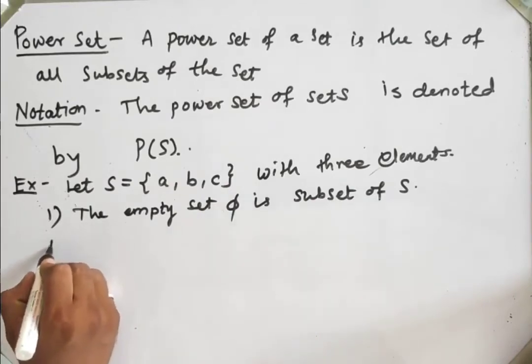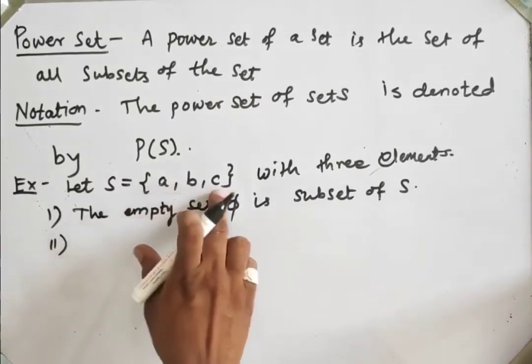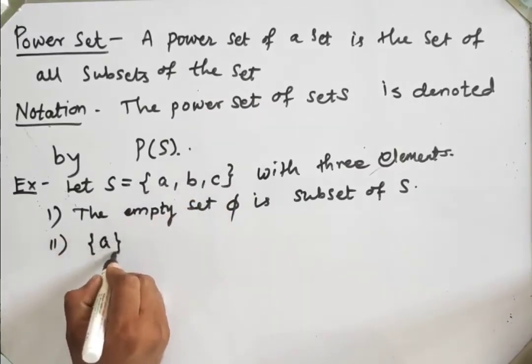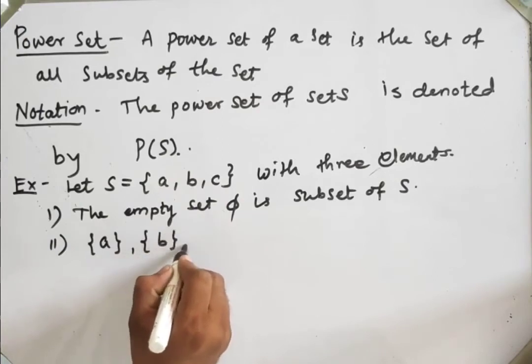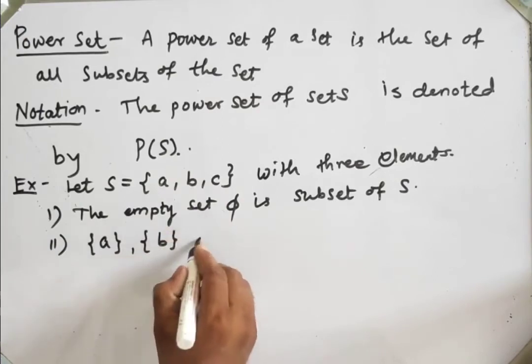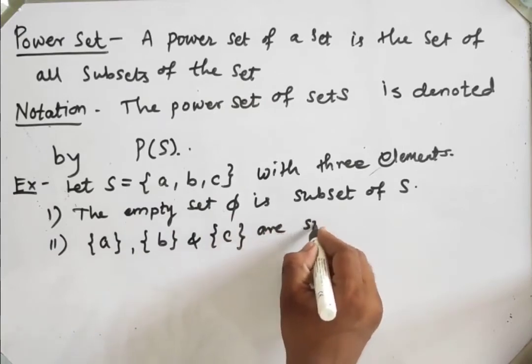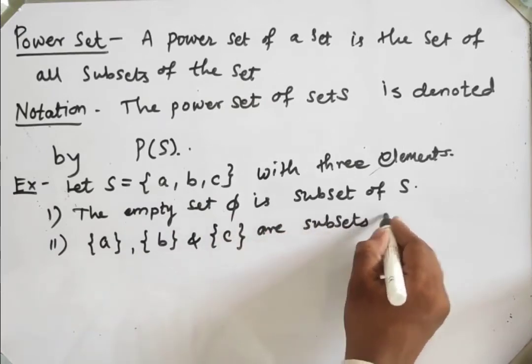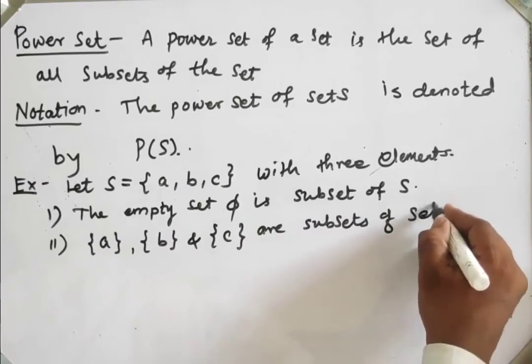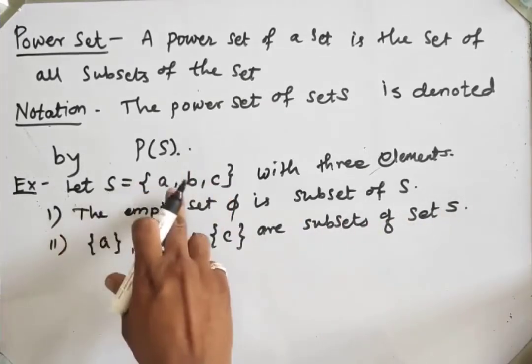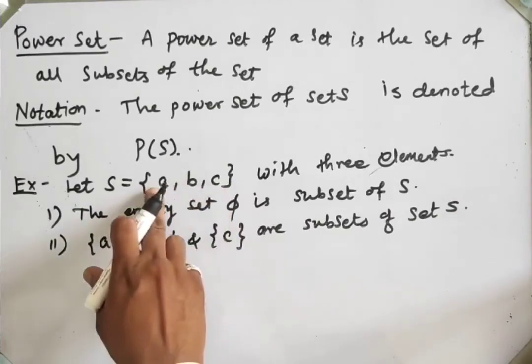Now the second one: here A, B, C. So singleton A, singleton B, and singleton C are subsets of set S, right? Because A, B, C are from set S, then A, B, C are singleton subsets of set S.